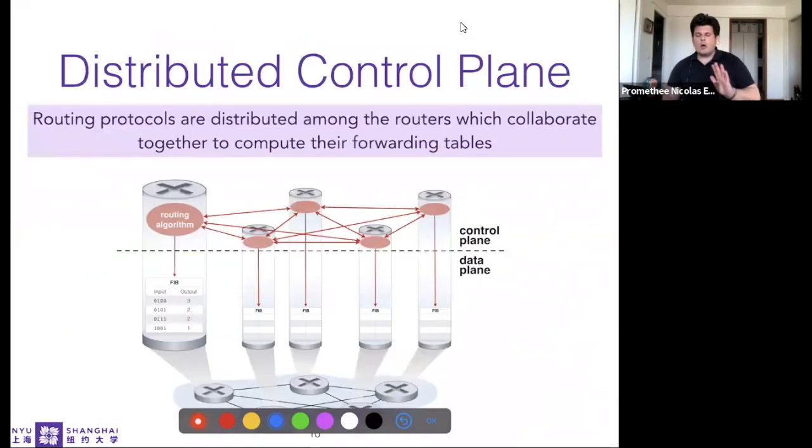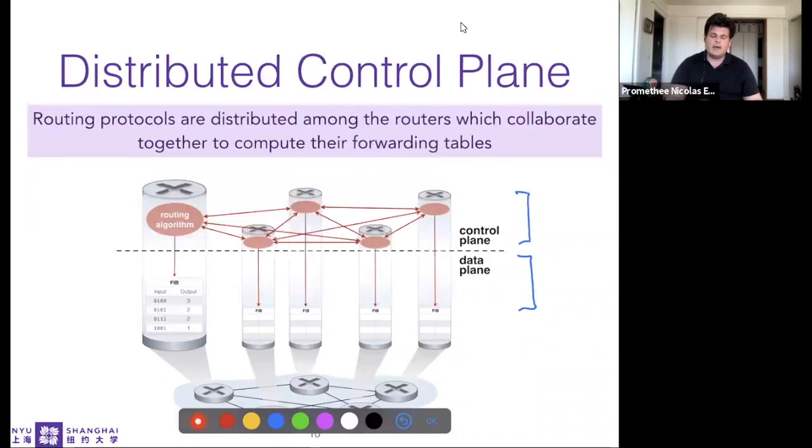Okay, so just to come back to the separation between the control plane and the data plane. So what do we have here? In the control plane, you have algorithms that need to run at each router. So each of them needs to compute a path, and the algorithms are almost independent, which means that the routers need to discuss together.